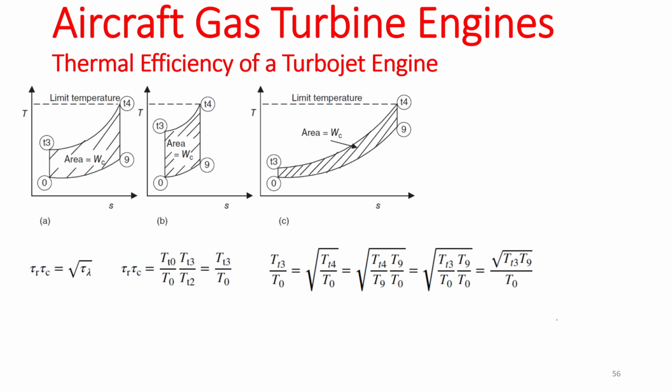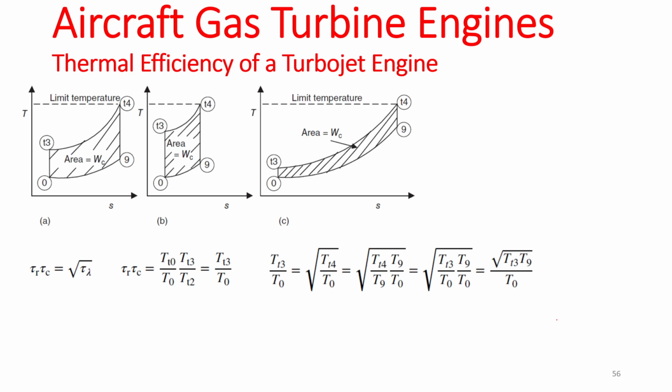So we essentially are replacing this here, and we are replacing tau lambda with this definition. You can multiply it by T9 and divide by T9, essentially nothing, right? And then you can replace Tt4 with Tt3.